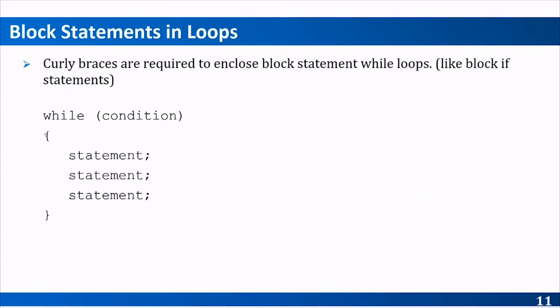The other thing is that we have seen this: if you have multiple statements to be executed, put them in curly braces. And as a good programming practice, usually use curly braces for any structure that you're using, even if it's a single statement. For anything that we're going to learn, usually try to always use the curly braces.